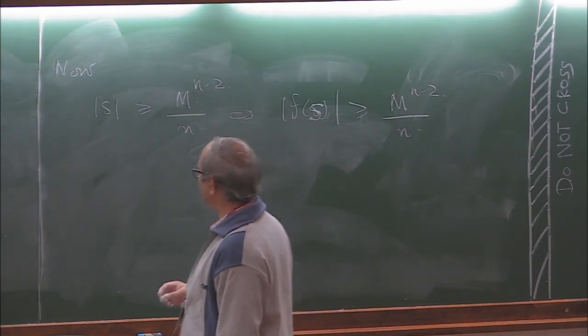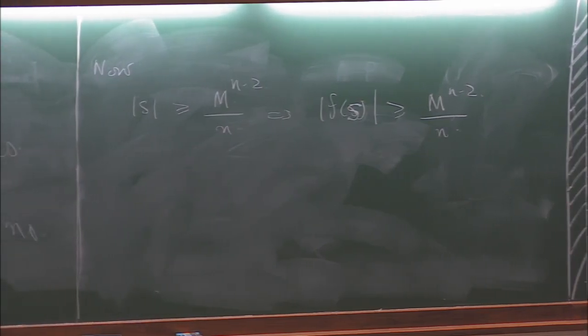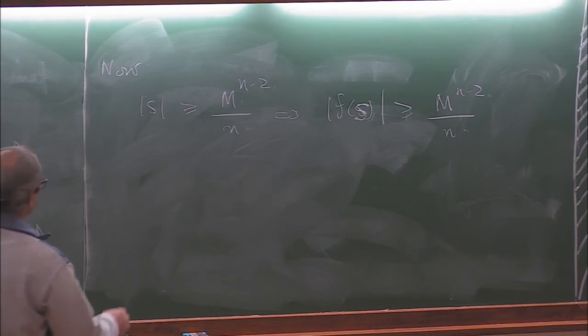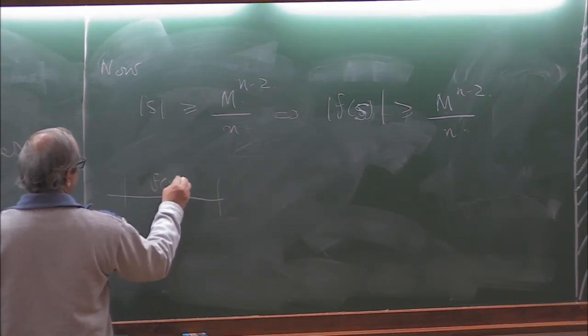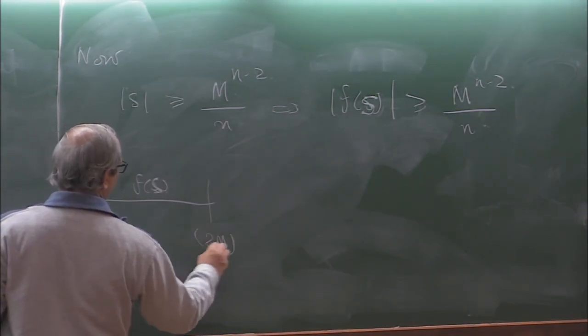That is one thing, because f is injective, and the next thing is f of S has no three-term APs. All I have to now tell you is what is the interval in which f of S lies. So f of S lies in the interval 1 to 2m to the power of n.